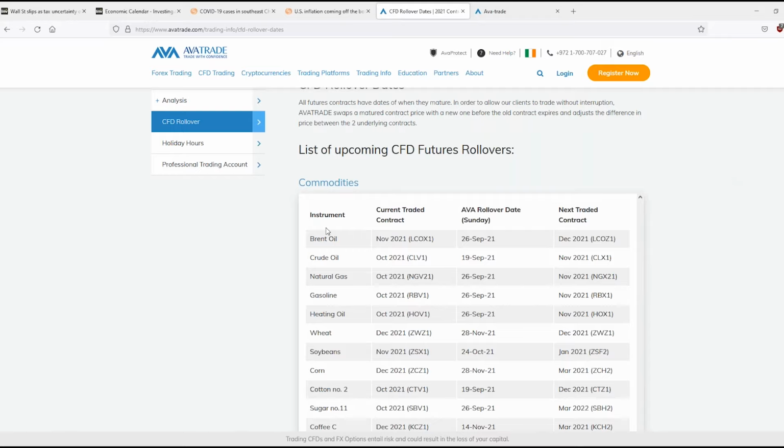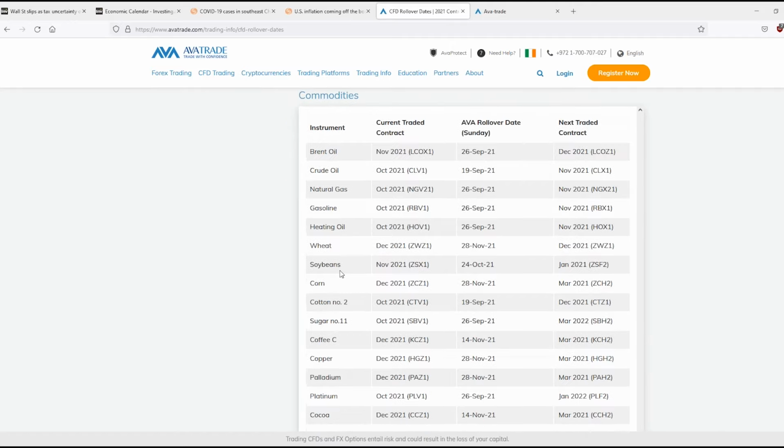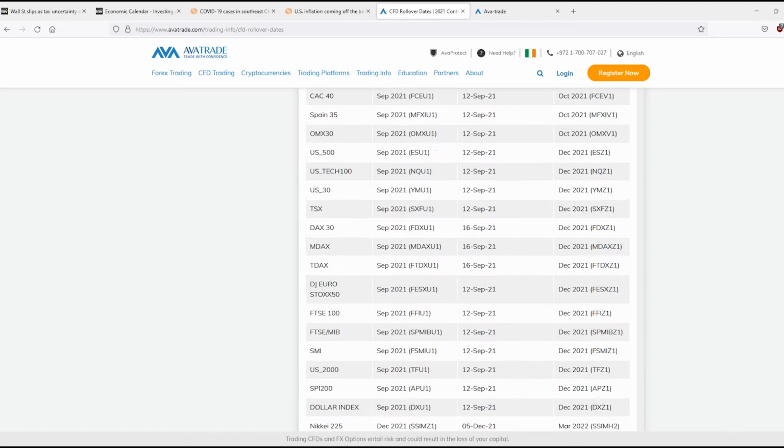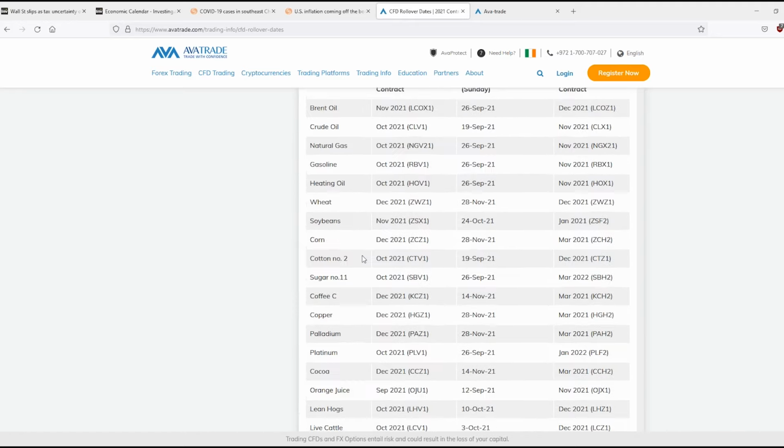So for example, our oil, natural gas, gasoline, a lot of these commodities you see listed here, the stock indices, etc., are traded on the futures.